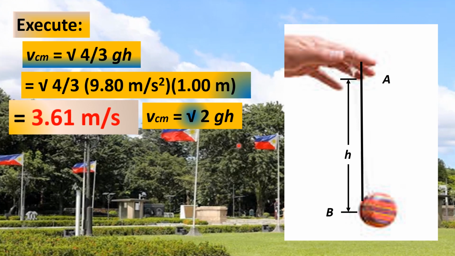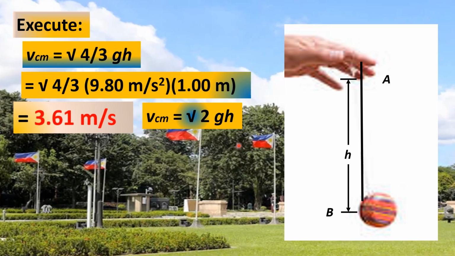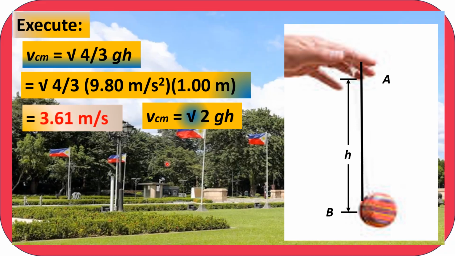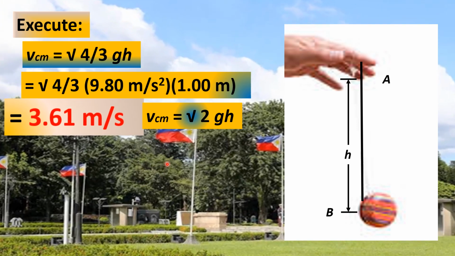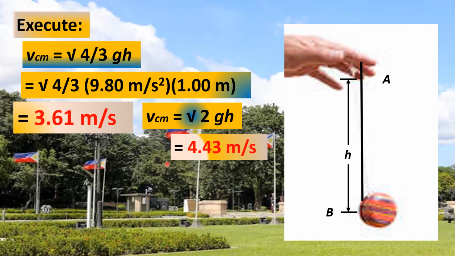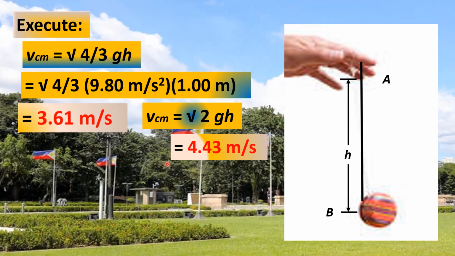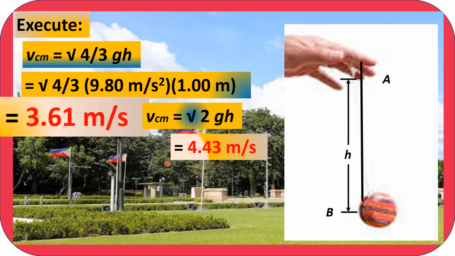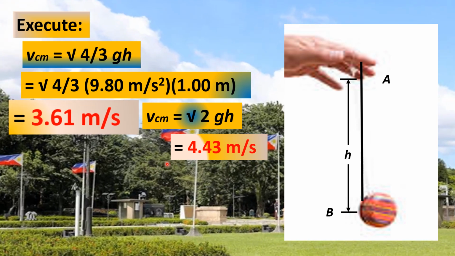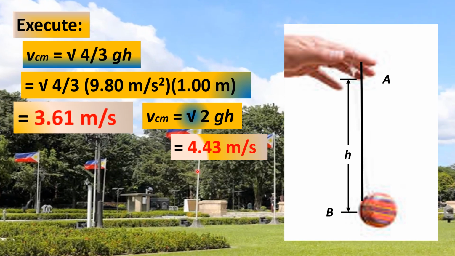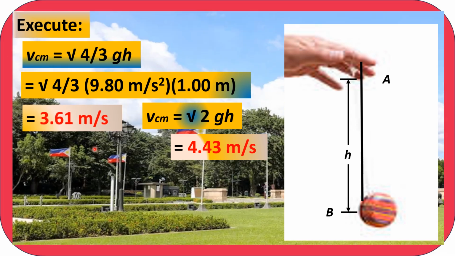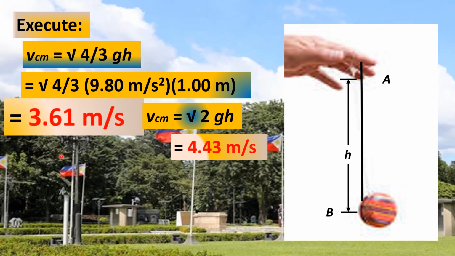So if the yo-yo is like a freely falling body, the speed of its center of mass would have been equal to 4.43 meters per second. It is, of course, greater than what we get here in this problem situation.